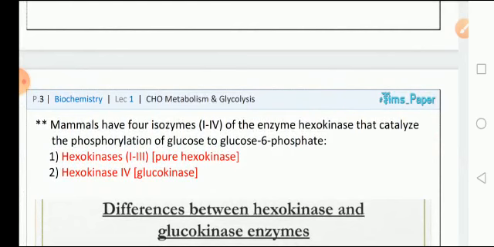All these enzymes catalyze the same reaction, which is phosphorylation of glucose to glucose 6-phosphate. They are categorized into 2 groups. The first group consists of hexokinase 1, 2 and 3. The second group is hexokinase 4, or glucokinase, which is the second name.